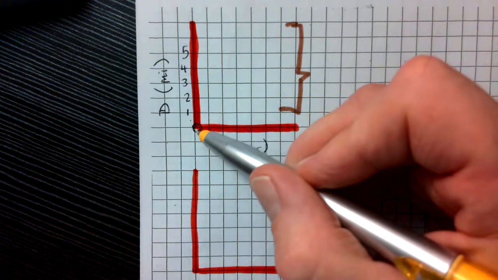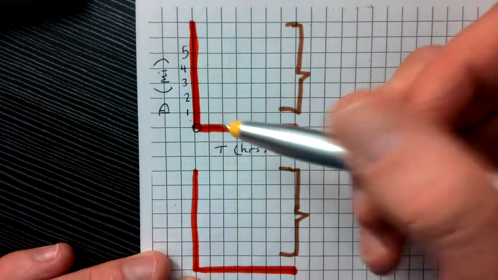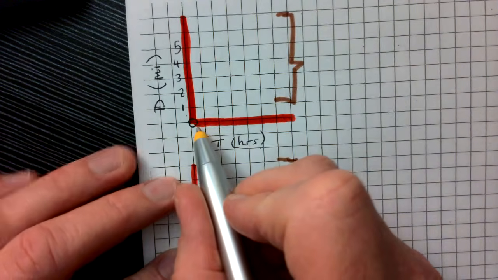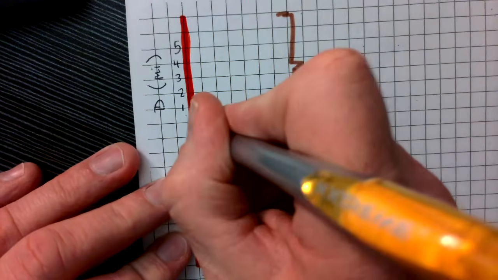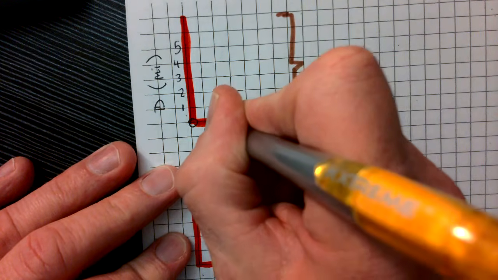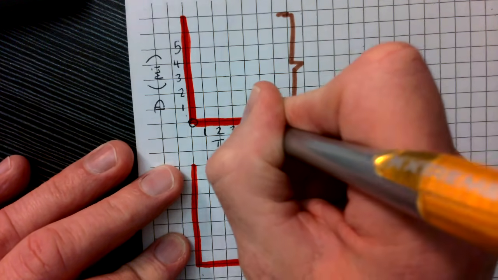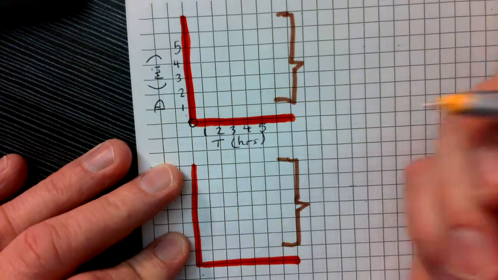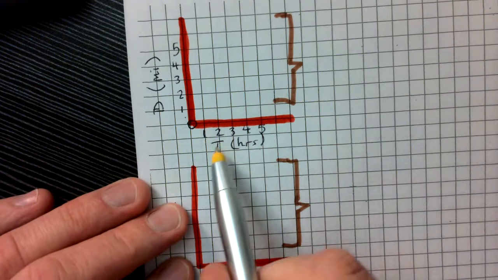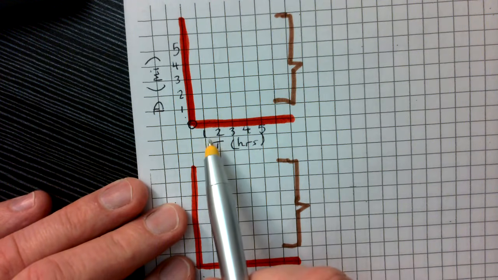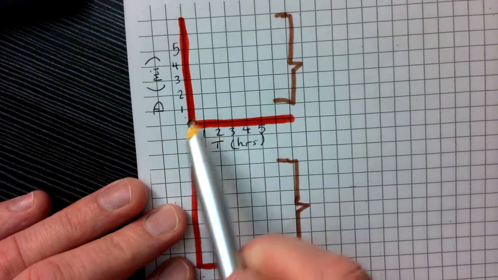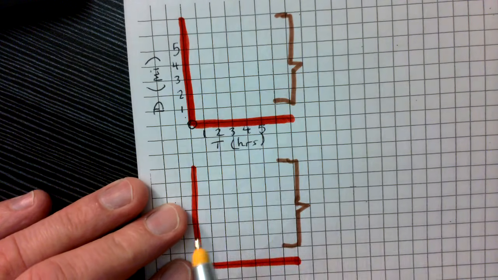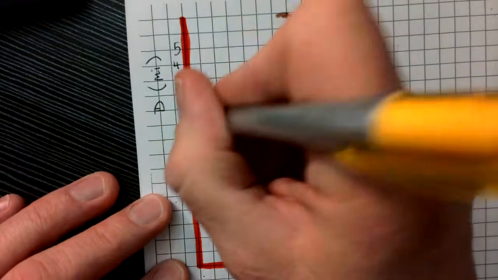So if we're 0 miles away, then we're at the starting point. Now on our x-axis, this is going to represent the number of hours. So this is 1, 2, 3, 4, 5. So along the x-axis, this will tell us how many hours it took to get to each one of these spots.